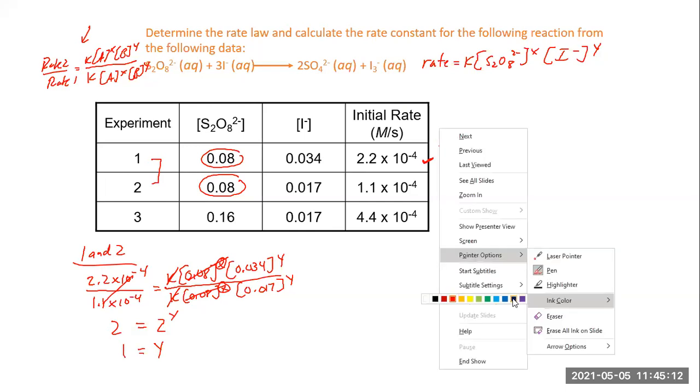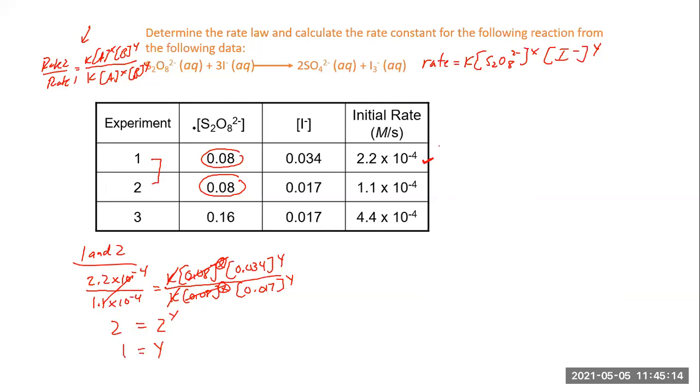At this point, we want to return to the table, and since we kept the S2O8 constant the first time, we want to keep the I- constant, which looks like it will be 2 and 3. Again, keeping these constant, varying our S2O8 concentration. Here I'm going to put my larger rate on top, and that means all my information from number 3 goes on top.